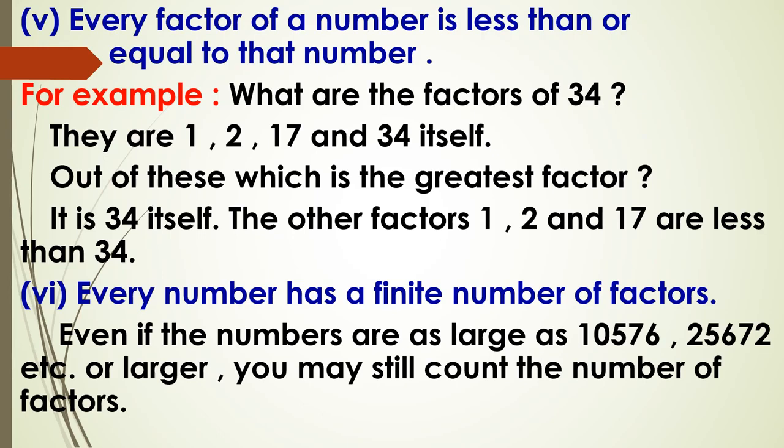So what I have written here, see, even if the larger numbers are as large as 10,576 or 25,672 etc. or larger than this, you may still count the number of factors.